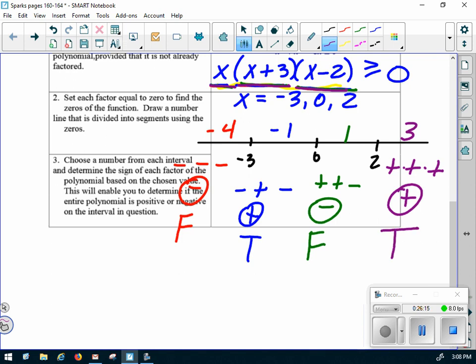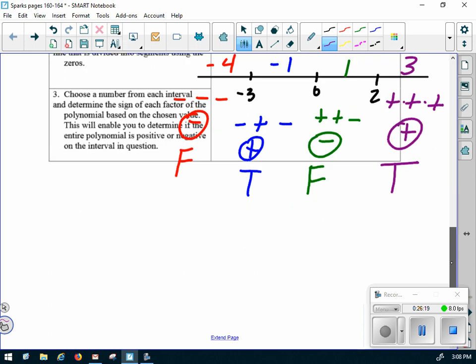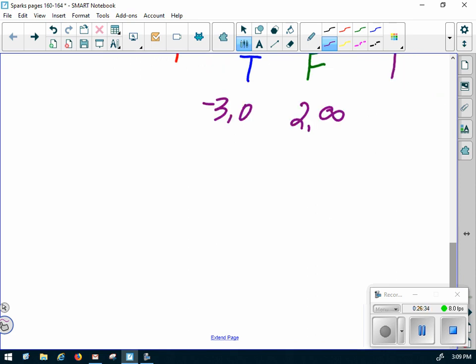So let's see where my answers are. My true sections were between -3 and 0, right? And where? 2 and infinity. Now what we've got to do is decide what goes around those. I know parentheses go around an infinity symbol.